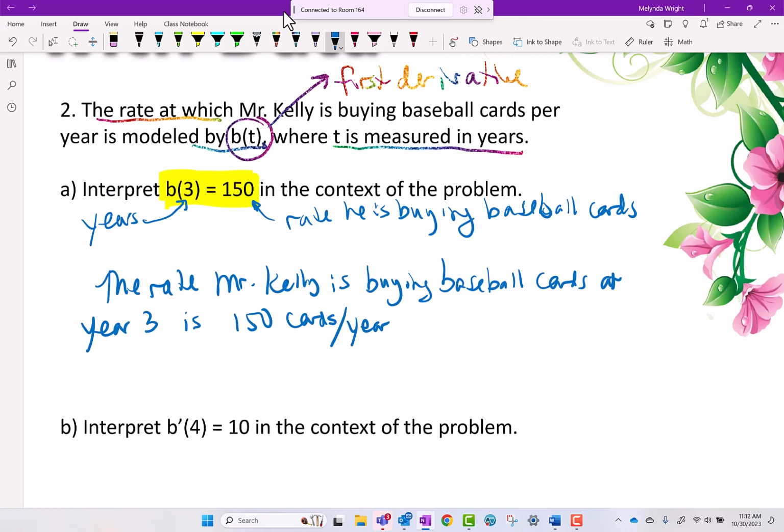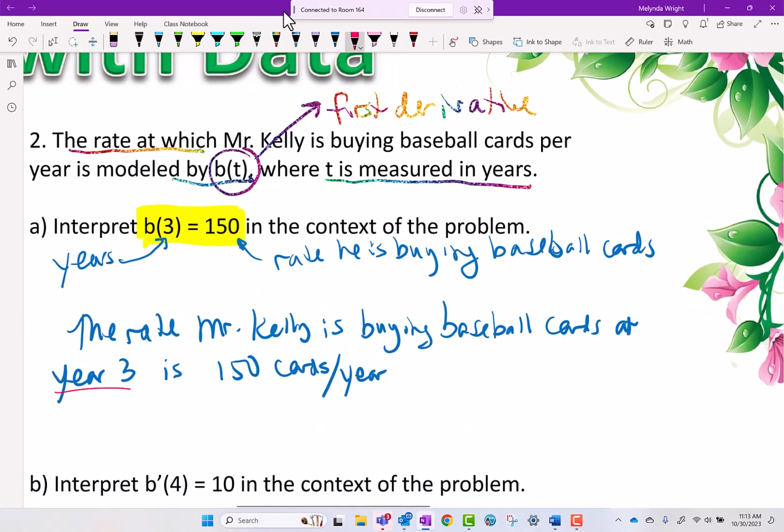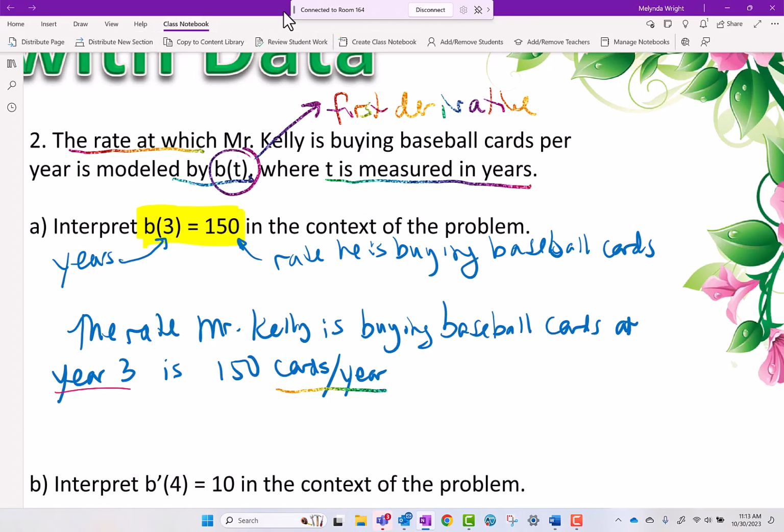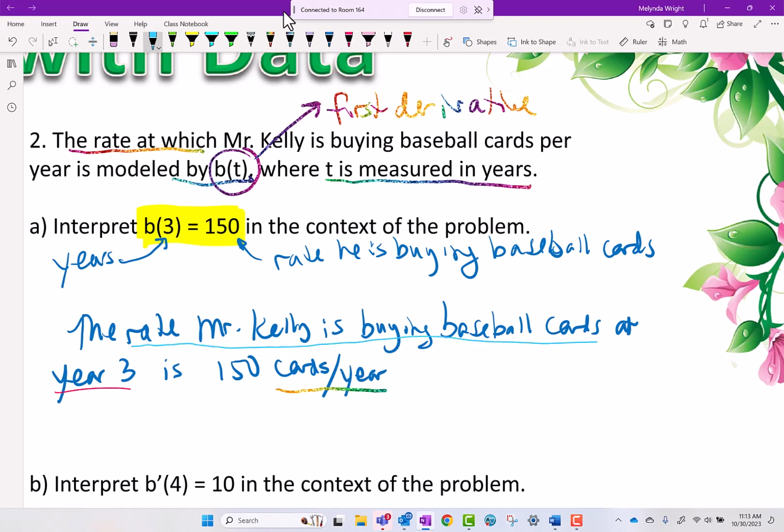So let's see that we've got all of our parts here. Our time is year 3. We've got our rate. Our rate is cards per year. And our noun, or the action that's happening, is the rate Mr. Kelly is buying baseball cards.